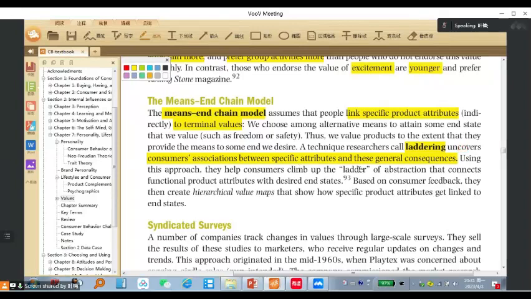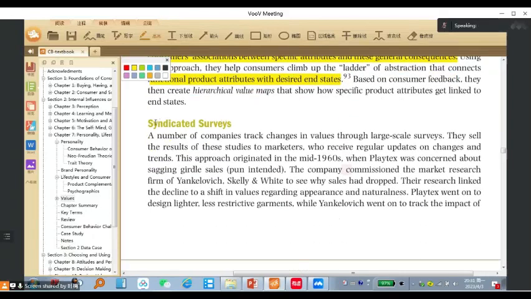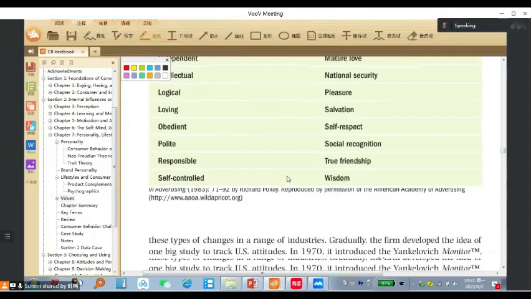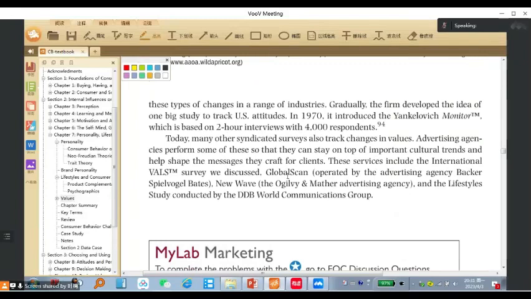It helps consumers climb up the ladder and connects functional product attributes with desired end states. And the syndicated service: in the International Values Survey, we can incorporate the surveys on values.